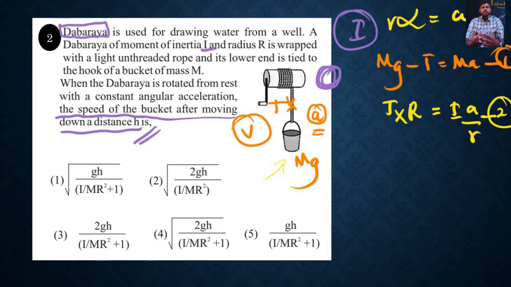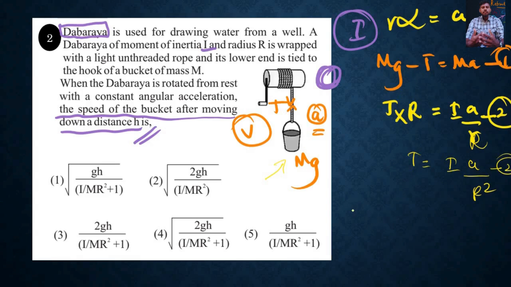Here I can write now T equals I A over capital R. So I A over R squared, second equation still. And now I can add first and second one, so T will cancel off.